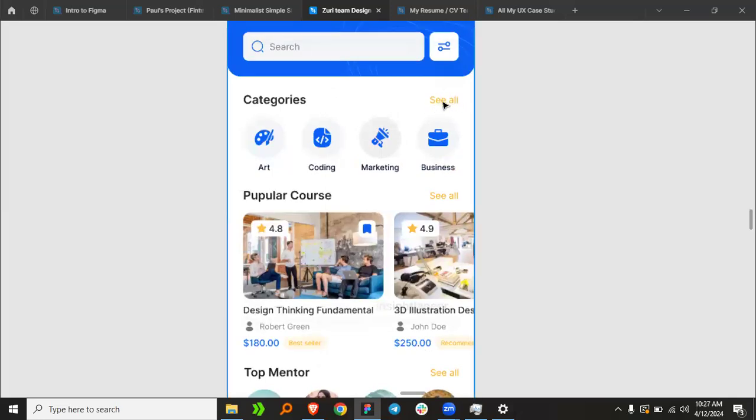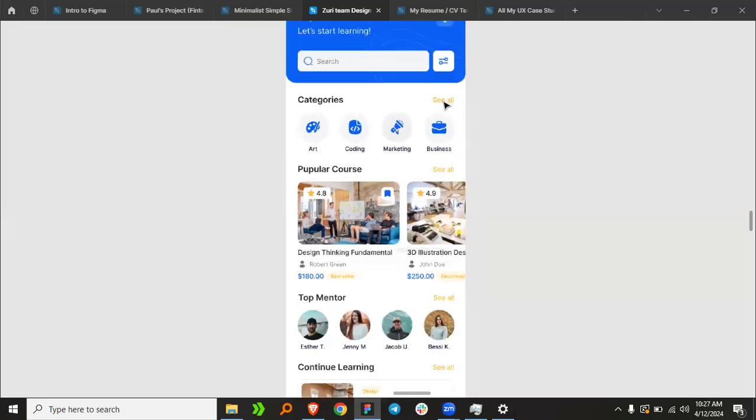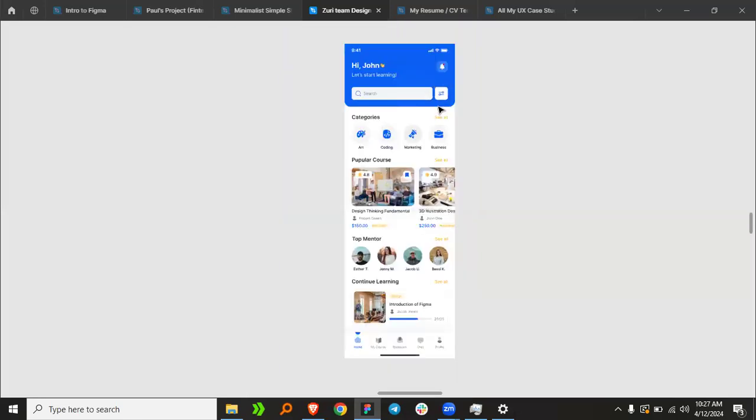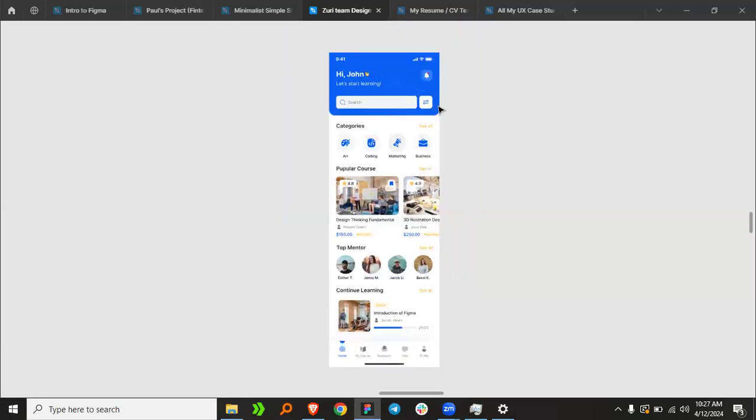This is a text button. If you click on this, it will take you to another screen. So that's why the color is different. But black is a general thing. You use black text on a white background. I hope that answers your question.